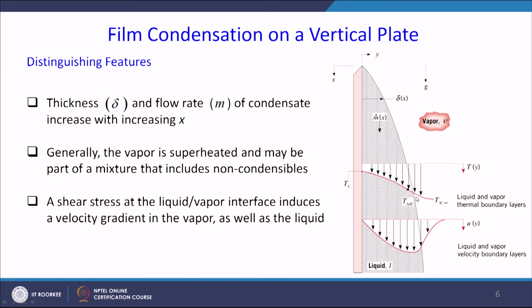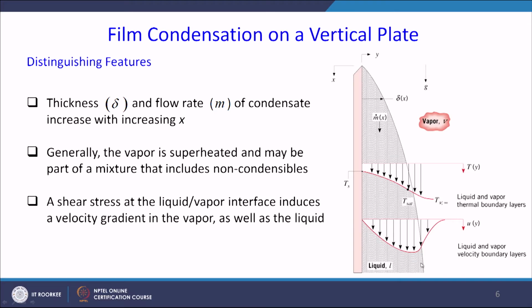Now, if you think about the velocity, obviously at the wall there is a no-slip condition, so there is no velocity there. On the other hand, there is no velocity in the bulk of the gas also, so here once again the velocity is 0. In between, the film that has formed goes in the downward direction, so you can find a downward velocity in the film.